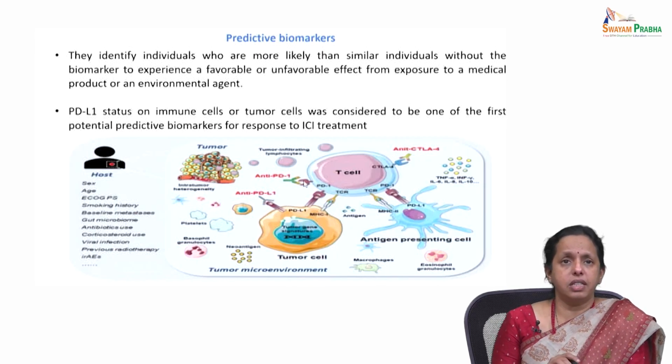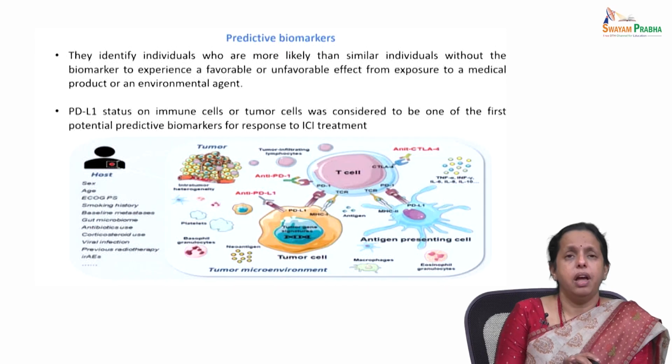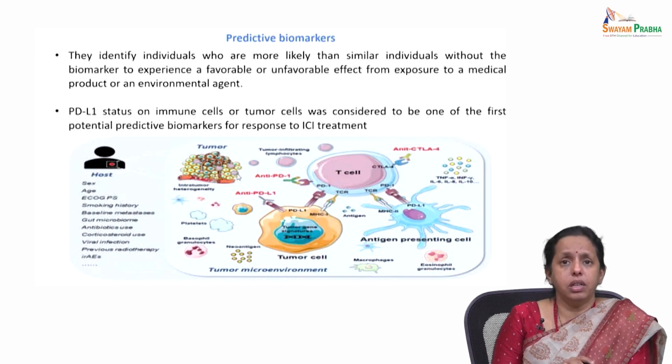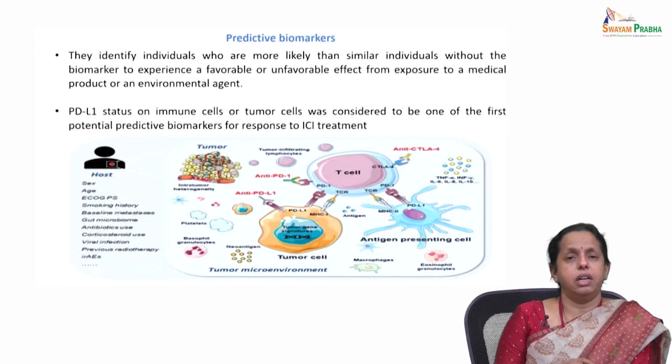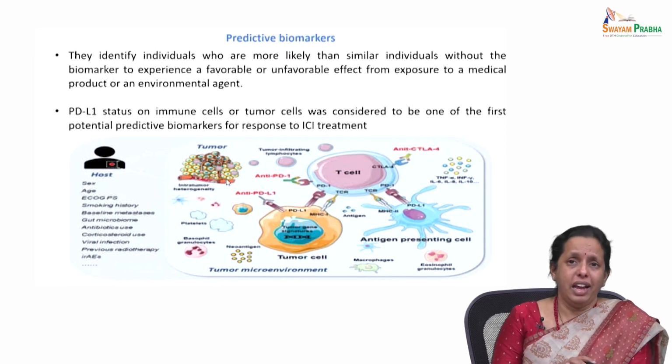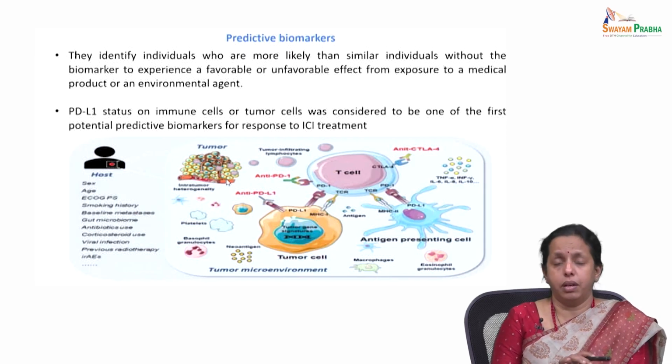Both immunocytes and cytokines here play a very good role in mediating immunosurveillance and regulating tumor cells. This heterogeneous nature of your tumor will have a very significant effect in influencing the efficacy of this immunotherapy. These markers are measured using many well validated in vitro assays, like FISH, IHC, and NGS, which we have discussed before.